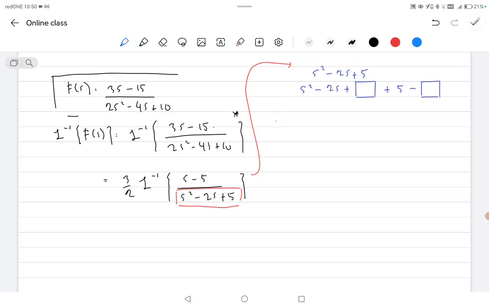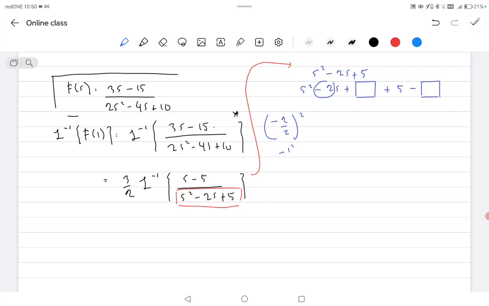What is the value in the box? It depends on this one, so the value should be minus 2 over 2 squared, which is minus 1 squared. So we put that as minus 1 squared first.